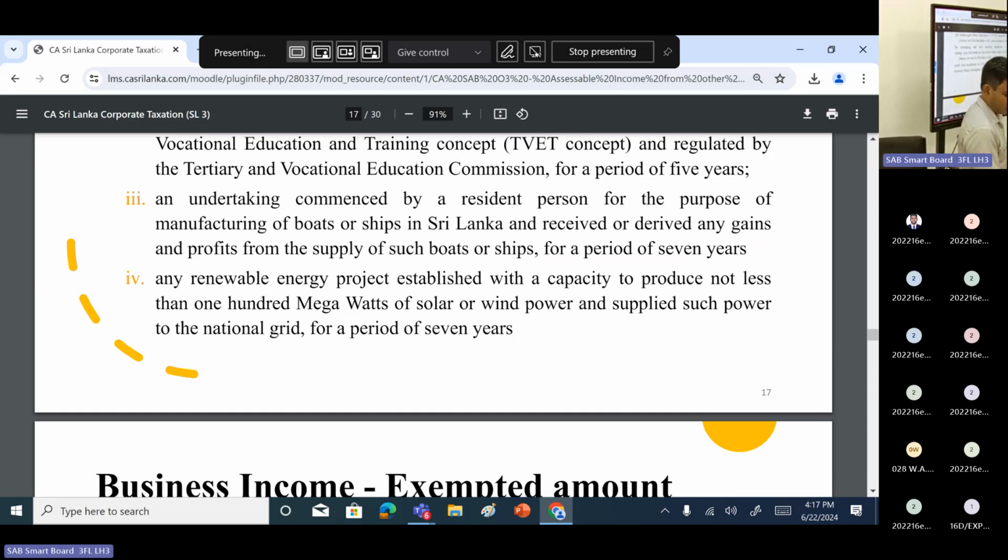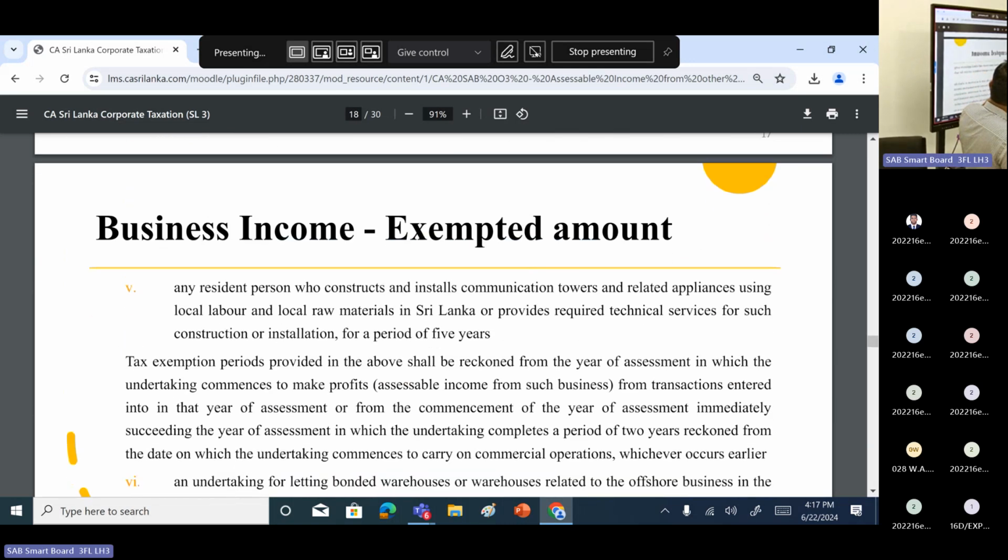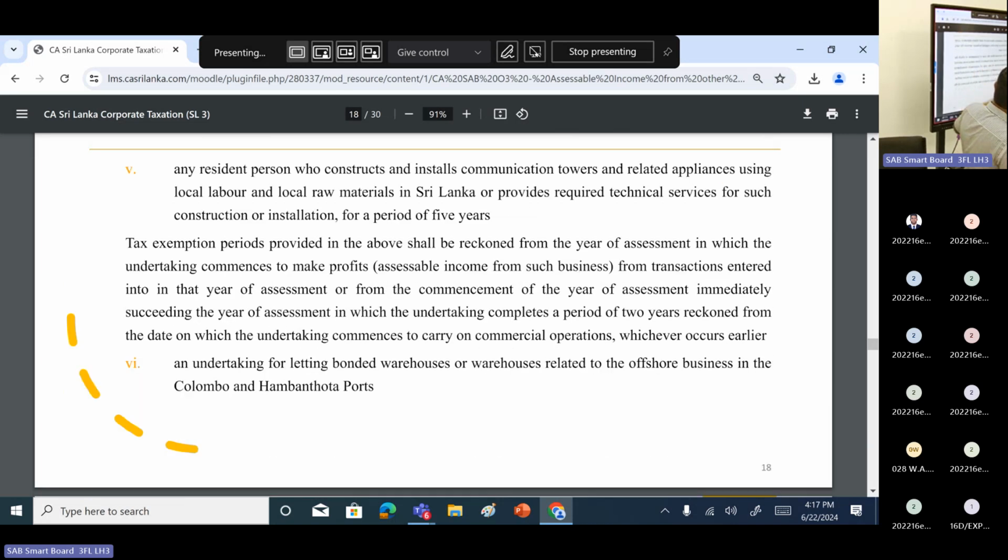So solar, wind power, that exemption is given for 7 years. A resident person who constructs and installs communication towers and related appliances using local labor and local raw materials, to provide required technical services for such construction and installation. That is also a 5-year tax exemption.